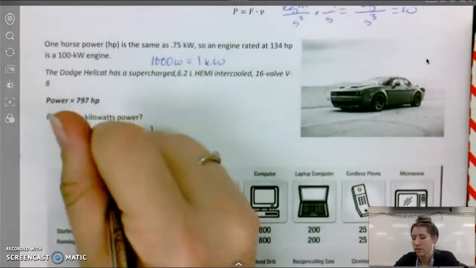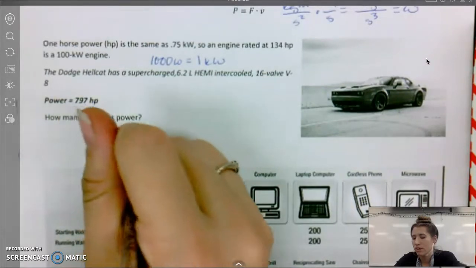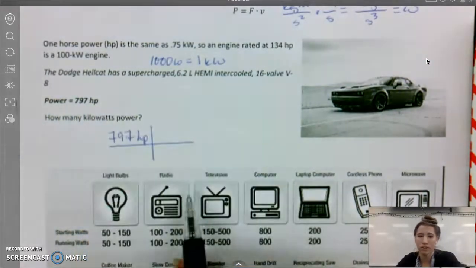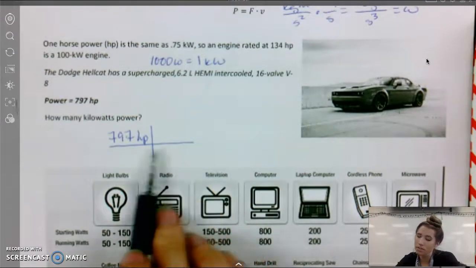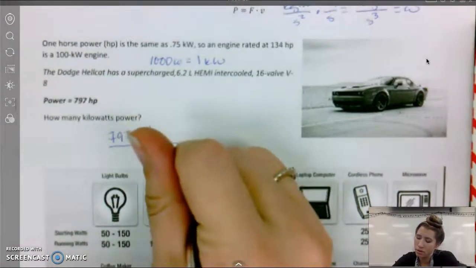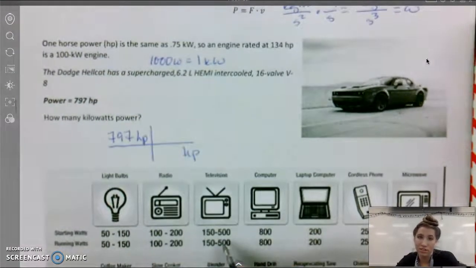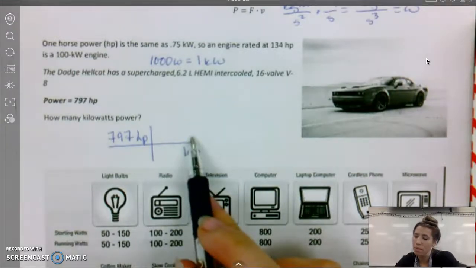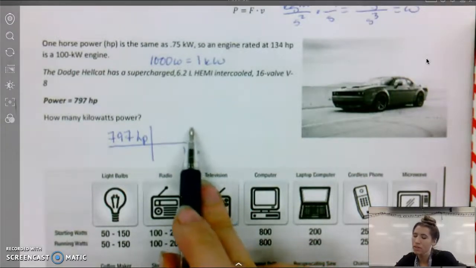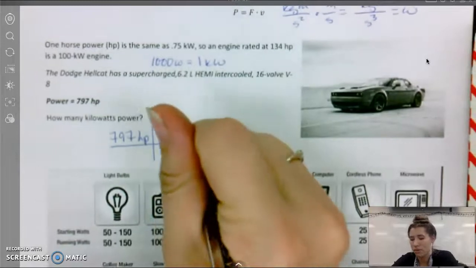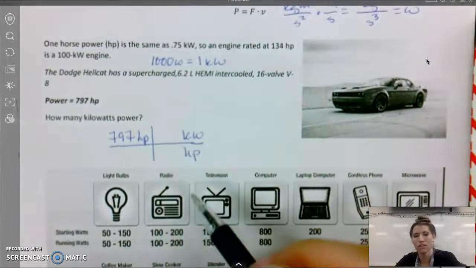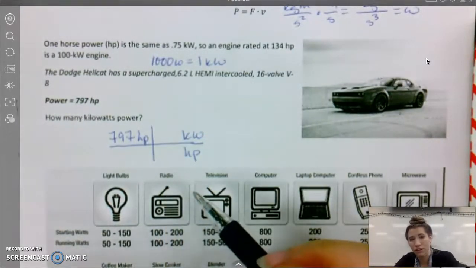Well, I'm starting with 797 horsepower, using my goalpost method here. I'm going to put horsepower down below so that it cancels. In the upper right-hand corner, this is where you put the units that you want to end with. Once you recognize these units, you can find the conversion factor.